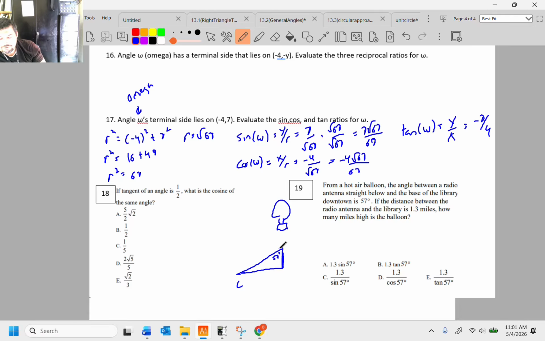If the distance between the radio antenna and the library is 1.3 miles, how many miles high is the balloon?